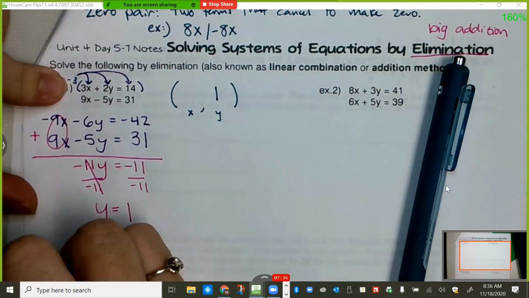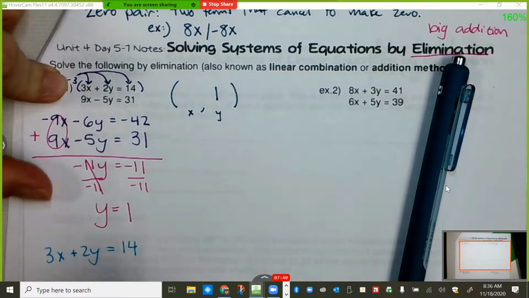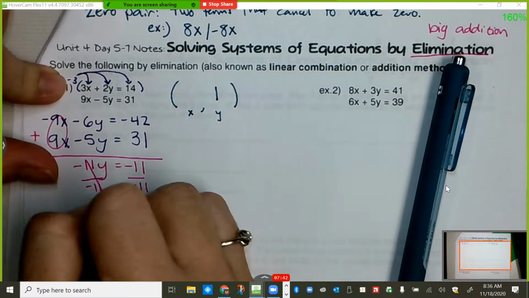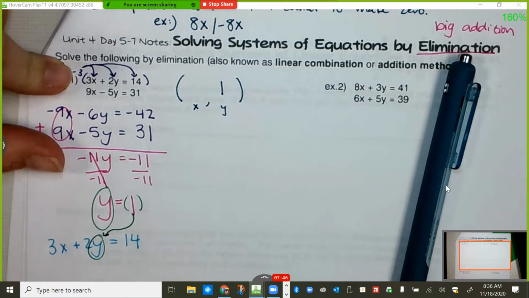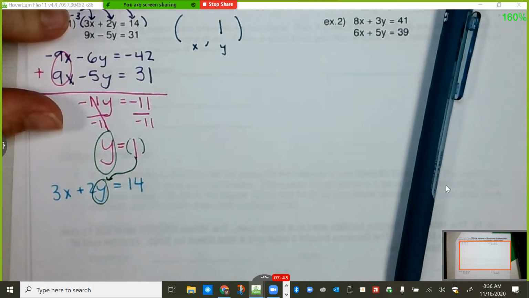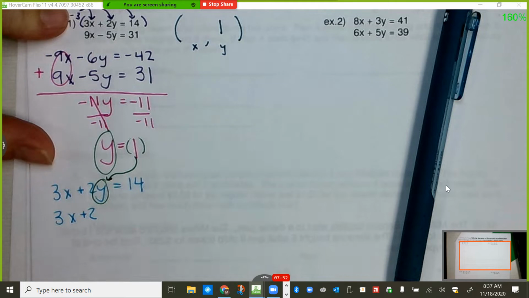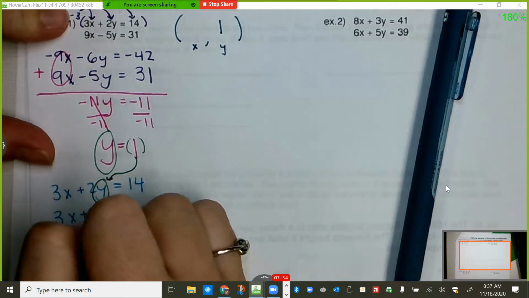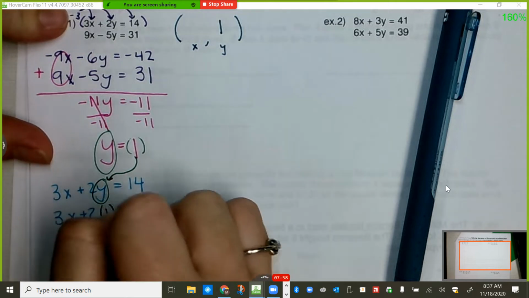So I have 3x plus 2y equals 14. And I know that if y is 1, I can replace y with 1. Okay? So knowing that, I get 3x plus 2 times 1 equals 14.